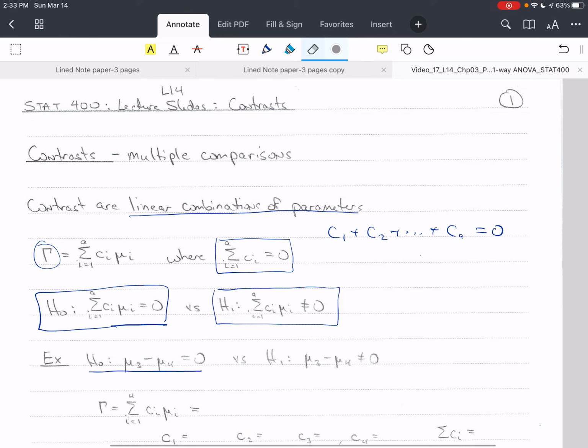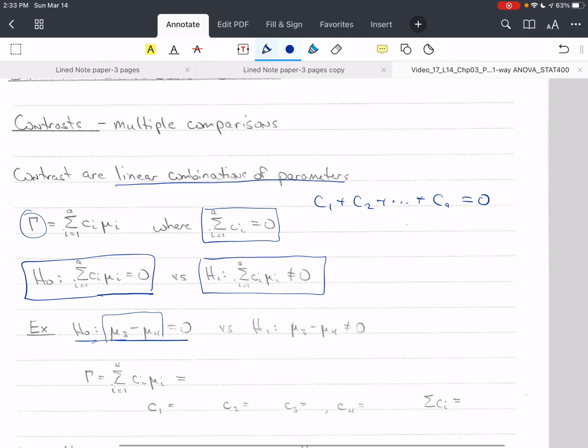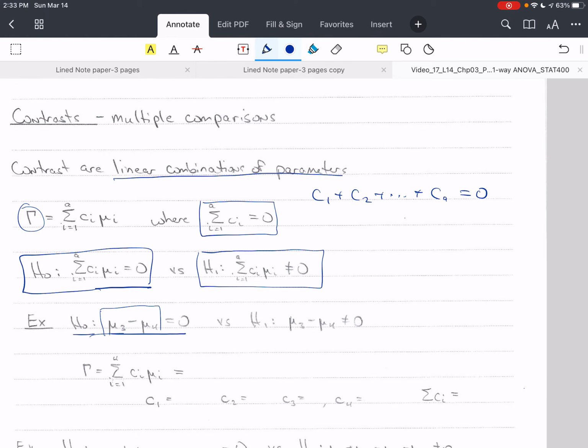And so here we have mu3 minus mu4. That's a contrast. So what's the coefficient of mu1? It's going to be 0. How about mu2? It's 0 because they're not in here. Okay, so here this is equal to mu3 minus mu4. Again, mu1 isn't in here, so its coefficient must be 0, and mu2's coefficient must be 0.